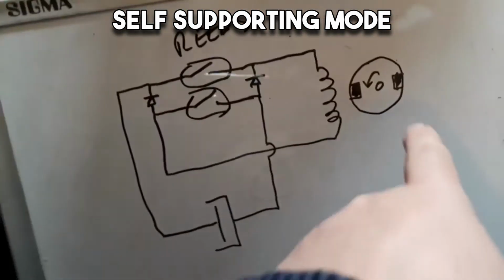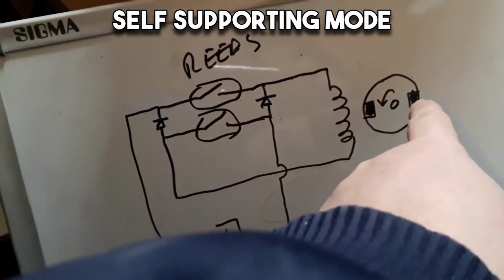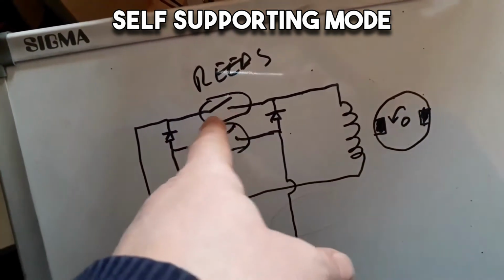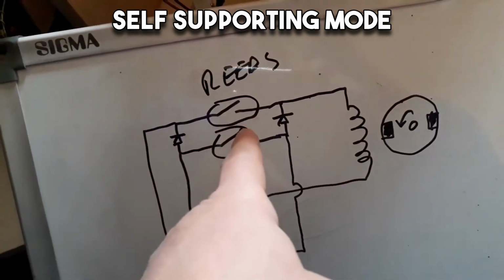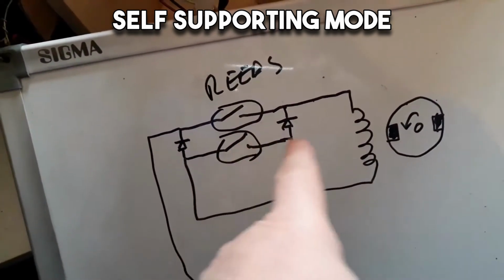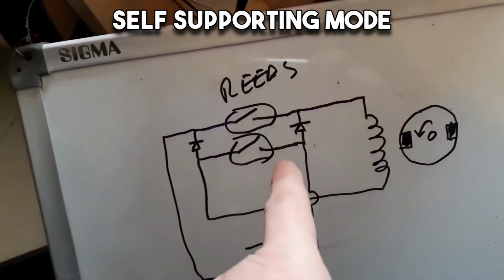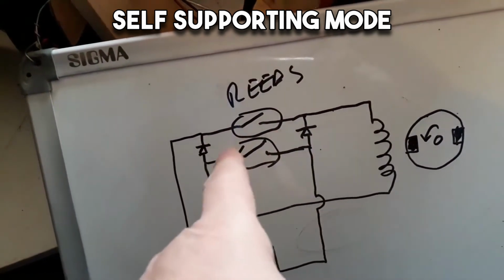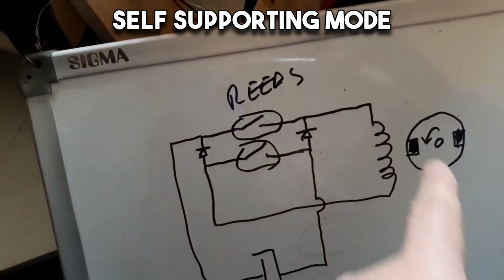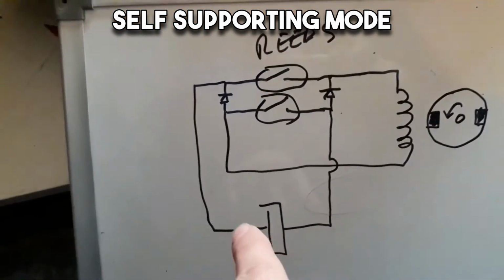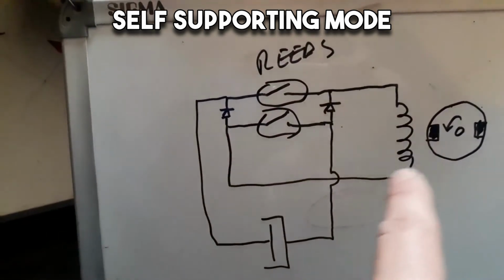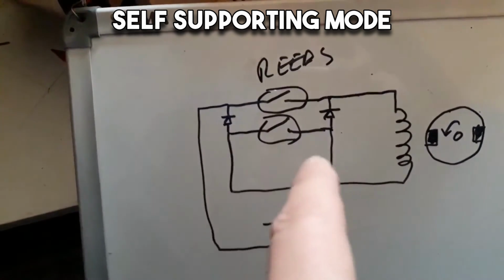It's very simple. There is the coil, there is the rotor which I'm spinning, and there are 2 parallel reed switches. They activate at the same time. When they activate, the current goes from the capacitor through the coil and back.